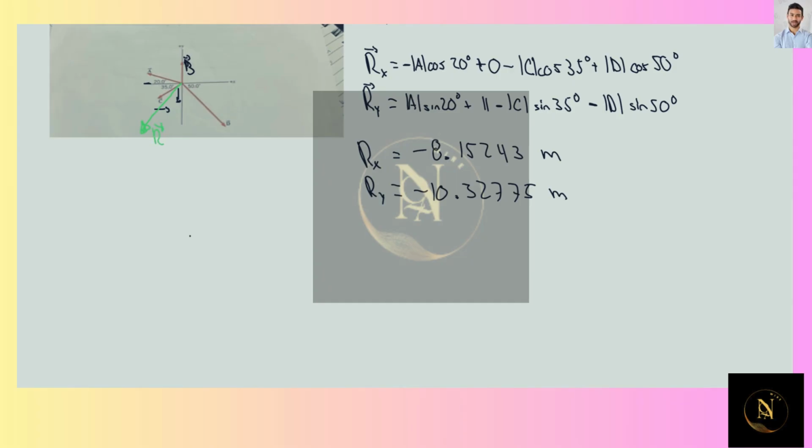The magnitude of R is going to be equal to the square root of Rx squared plus Ry squared. So we get as magnitude 8.2598 meters, which we can round up to 8.26 meters.